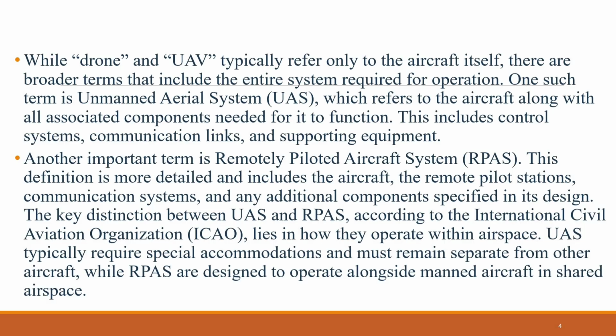UAS typically require special accommodations and must remain separate from other aircraft, while RPAS are designed to operate alongside manned aircraft in shared airspace. From a technical perspective, RPAS are always controlled from a remote pilot station, whereas UAS may be operated from either a remote pilot station or a ground control station.